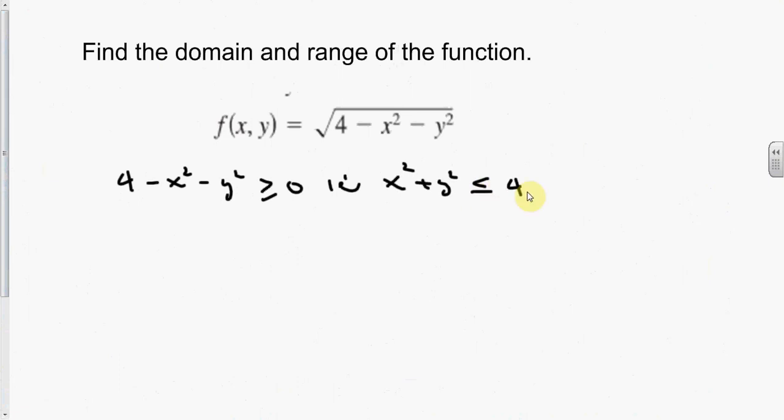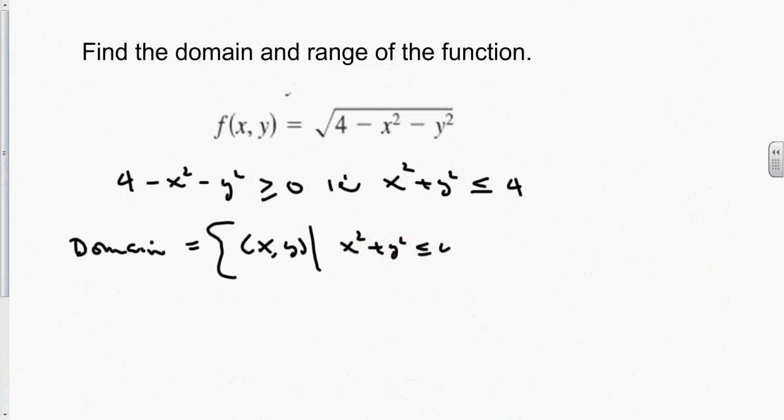That becomes my domain: the set of ordered pairs such that x squared plus y squared is less than or equal to 4.